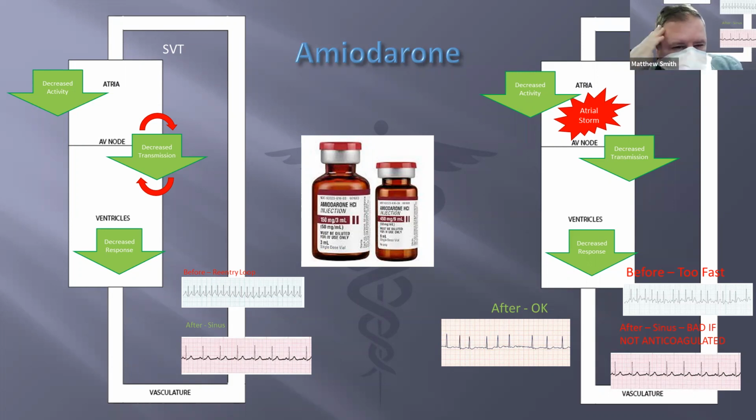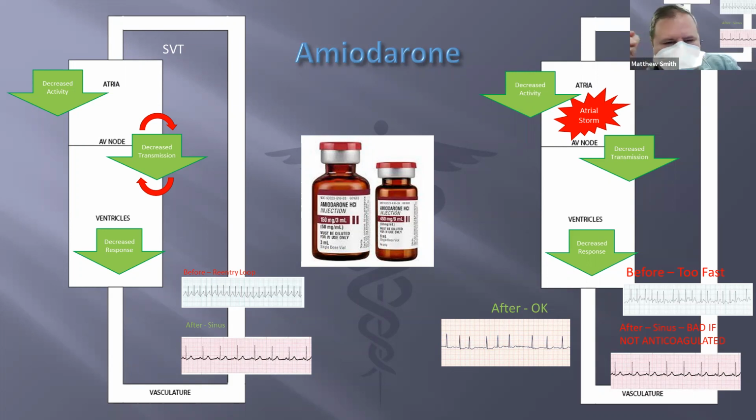So two situations where we can use amiodarone are when we have SVT, because it'll decrease both atrial activity and transmission through the AV node, or atrial fib with rapid ventricular response, where we will decrease the propensity of the ventricles to respond to atrial impulses, as well as decrease the intensity of the atrial storm that's going on, and decrease the transmissibility of that storm through the AV node.